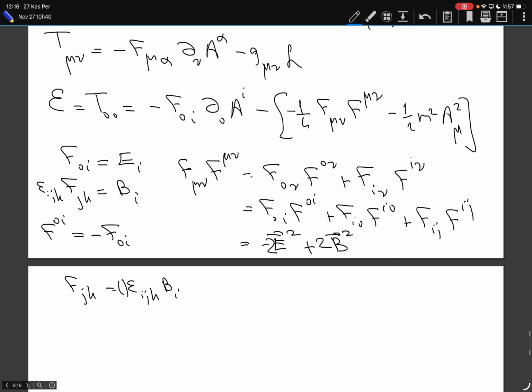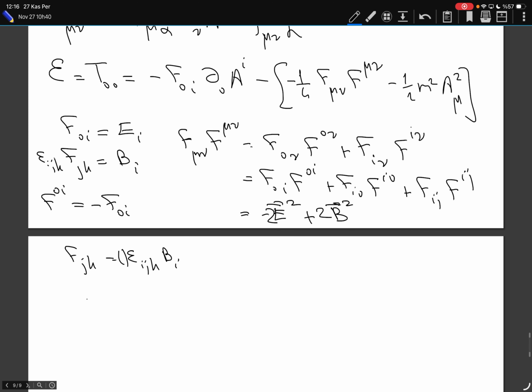So anyway, let's go back. Epsilon is equal to T_00, minus F_{0i} is E_i, del_0 A_i, plus 1 over 2 (B squared minus E squared).